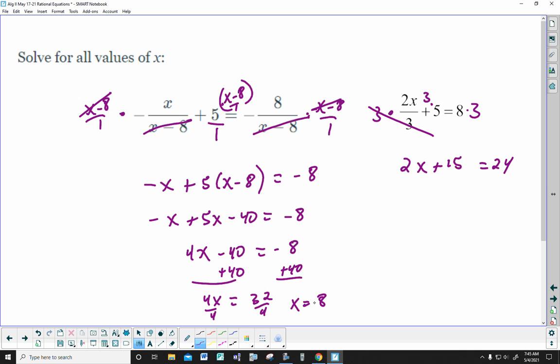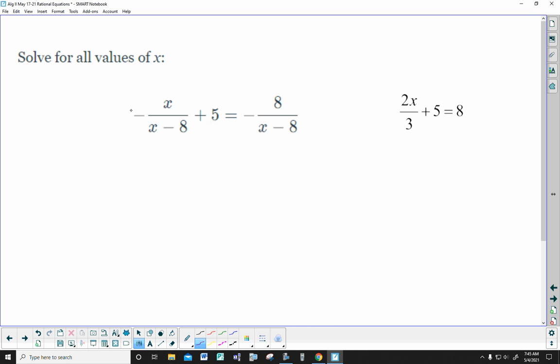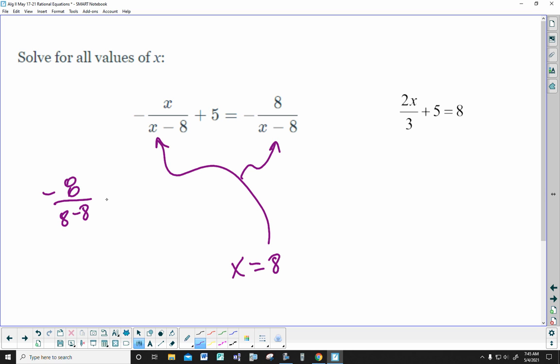Okay, now, in looking at this answer, this actually isn't an answer. How do I know that? Well, if I were to go back, we got x is equal to 8. But if I were to fill it in to the original equation, I get negative 8 over 8 minus 8 plus 5 is equal to negative 8 over 8 minus 8.